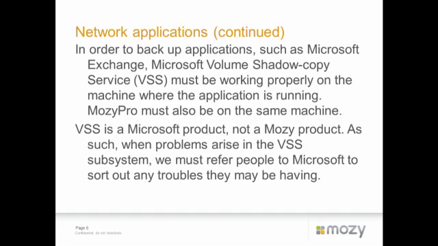Microsoft Windows 2000 does not have the capability to use Microsoft Volume Shadow Copy Service, or VSS as it's called for short. In order to back up these applications like Microsoft Exchange or the registry, you have to use the VSS subsystem, and it is required to be on your machine and functioning properly in order for these advanced backup functions to properly work.